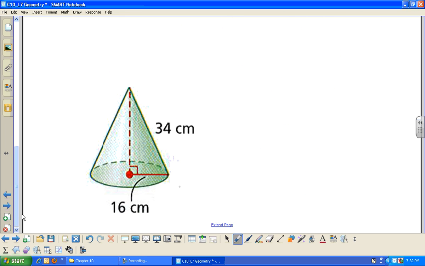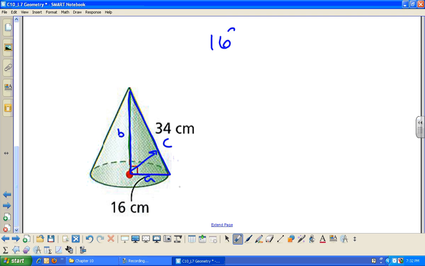If I'm looking for the volume of this cone, I do not have the height, and you do need the height in order to find the volume of a cone. But if I look here, the height, the radius and the slant height form a 90-degree triangle. So if I label this B, A, and C, C is always straight across from your 90-degree angle.